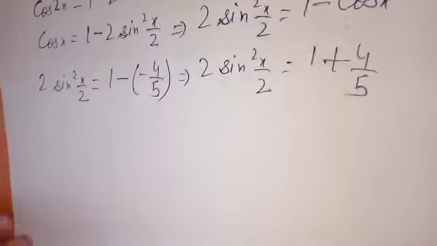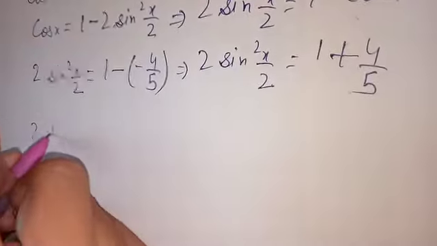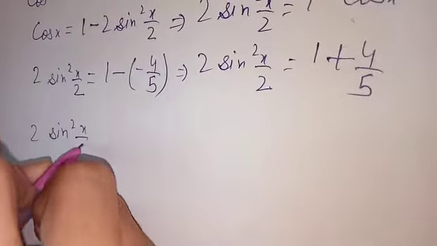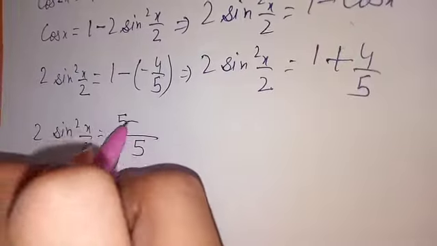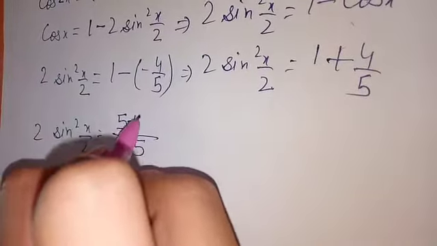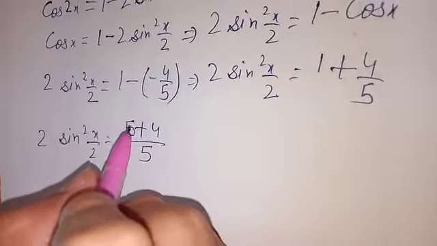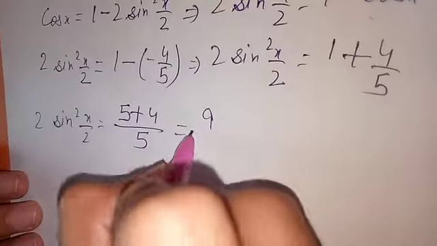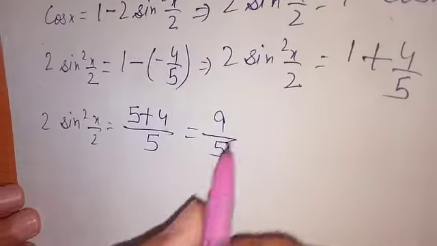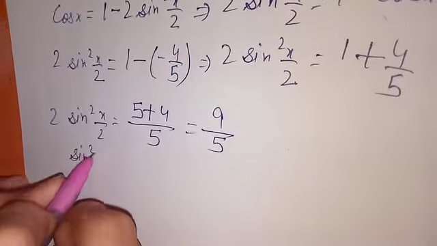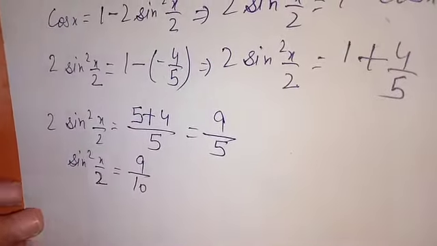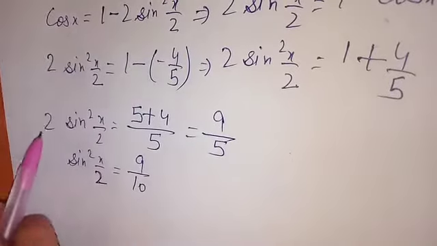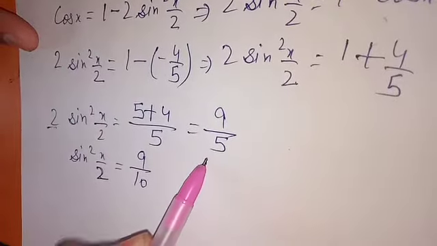Okay, understood till here? So 2 sin square x by 2 is equal to, 5 will be LCM, 5 plus 4, that will be 9 by 5. So from here I get the value of sin square x by 2 as 9 by 10, as 2 is here in division.